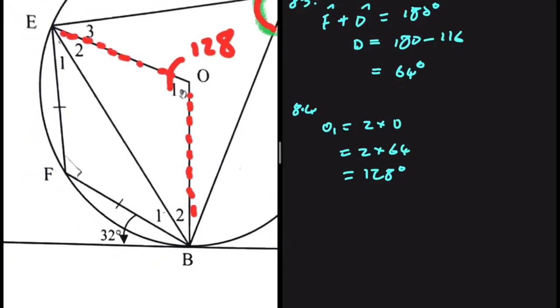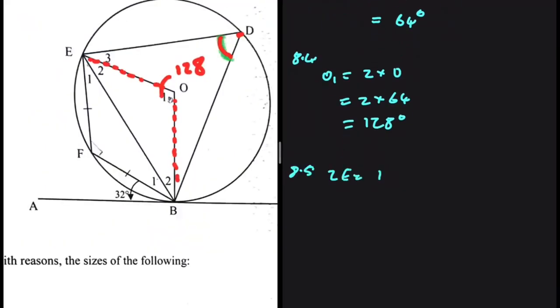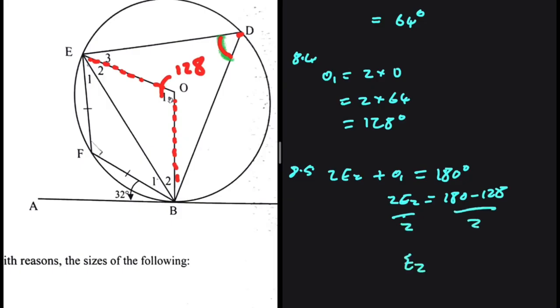So E2 is equal to B2 because angles opposite equal sides. 2E2 plus O1 is equal to 180 degrees. So 2E2 will be equal to 180 minus 128. We're dividing by 2 on both sides. So let's just go ahead and show that. If we do that, then E2 is equal to 26 degrees.